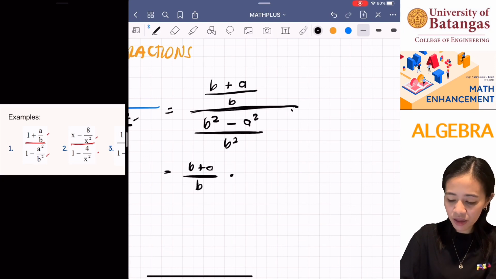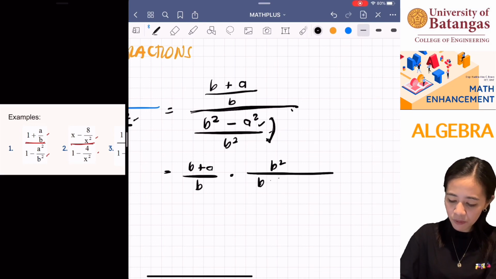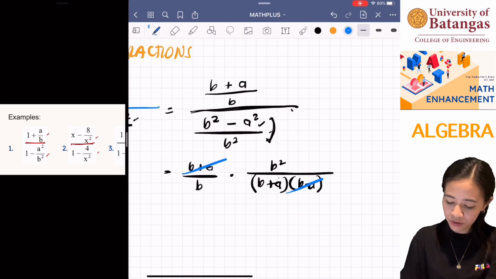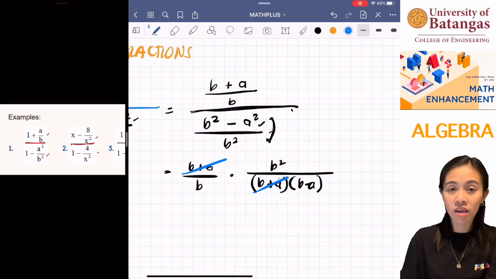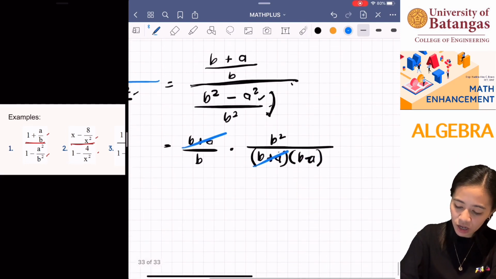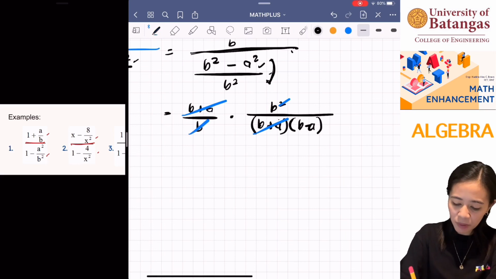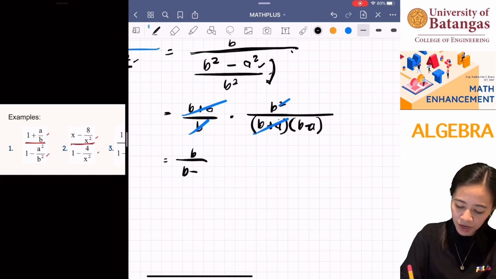So, divided by this, reciprocal ngayon nito. So, I'll have b squared all over, I'll factor this as b plus a and b minus a. And then, you will proceed with multiplication division. So, this will be cancelled. Sorry. B plus a. And then, b squared over b, cancel yung isang b sa b squared. So, this will be cancelled. And then, my final answer will be b all over b minus a.